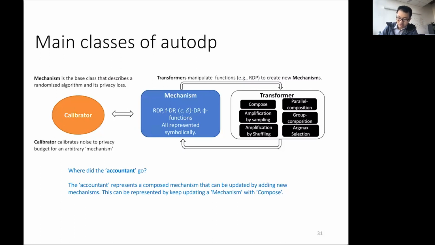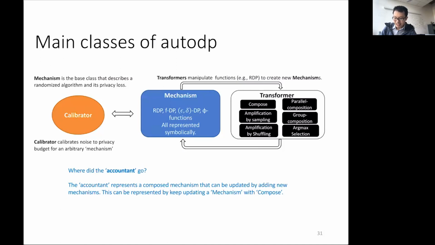And the calibrator is something else that takes a particular mechanism's definition and then tries to calibrate the parameters of this mechanism according to, say, a predefined epsilon-delta DP bound, or to calibrate it according to a predefined Rényi differential privacy bound at a fixed given alpha parameter.